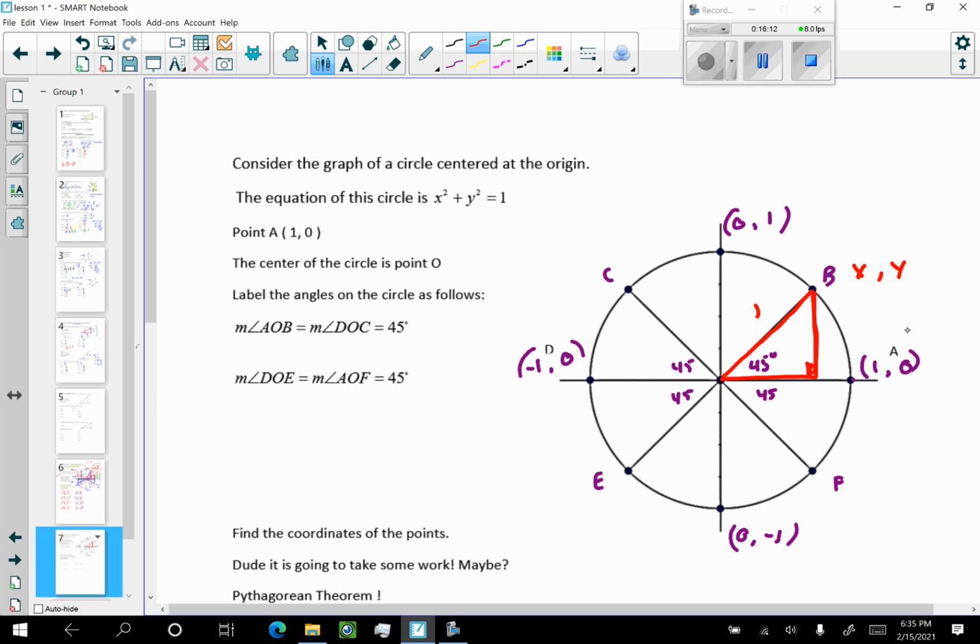I actually have 4 isosceles right triangles, all with a hypotenuse of 1. Color coordinated, make it look pretty.